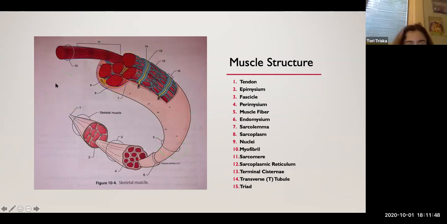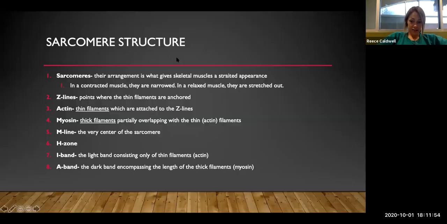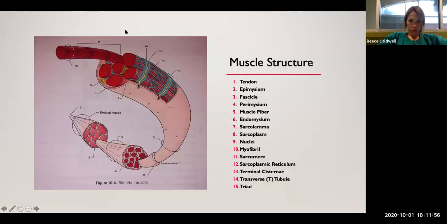Is the one that you circled in white, like the biggest thing, one muscle cell? Yes, this right here is one whole muscle cell. A lot of the time muscle cells are drawn out in this weird structure.